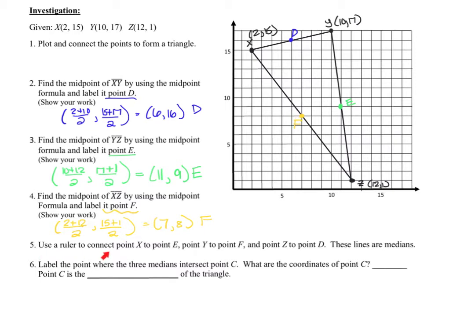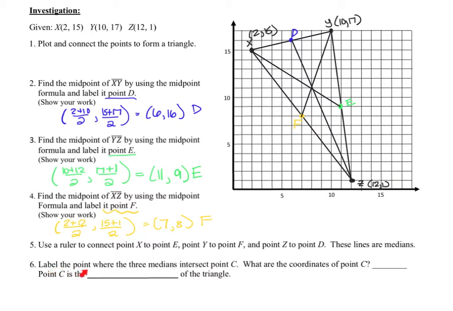Next, we're going to use the ruler to connect point X to point E, so from here to here, point Y to point F, so from this corner to point F, and point Z, which is here, to point D. These lines are the medians.